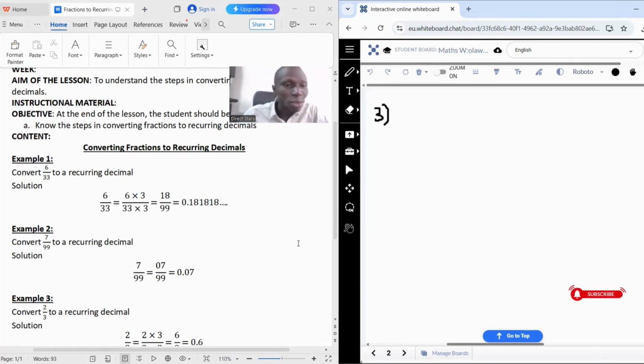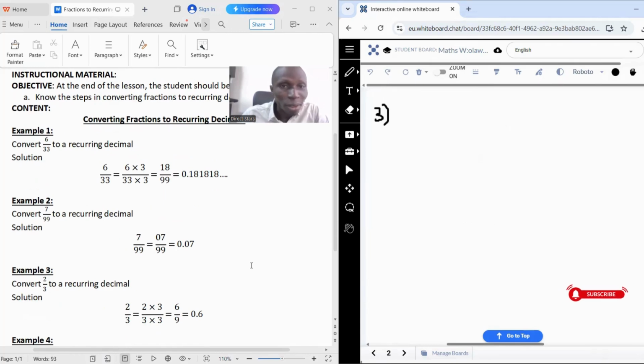In example 3, we have to convert 2/3 to a recurring decimal. Now, just like in example 1, we have to make sure that the denominator has 9, 99, 999, and so on. So what we have to do here is to multiply the denominator with a number that's going to give us 9.